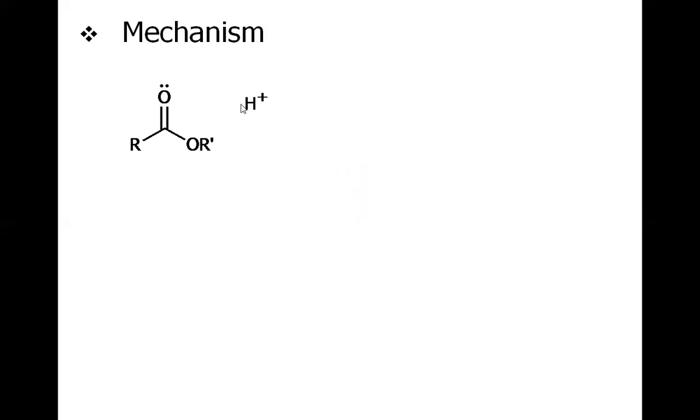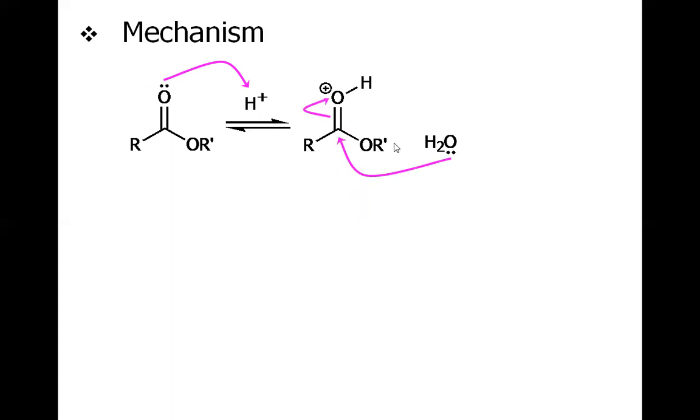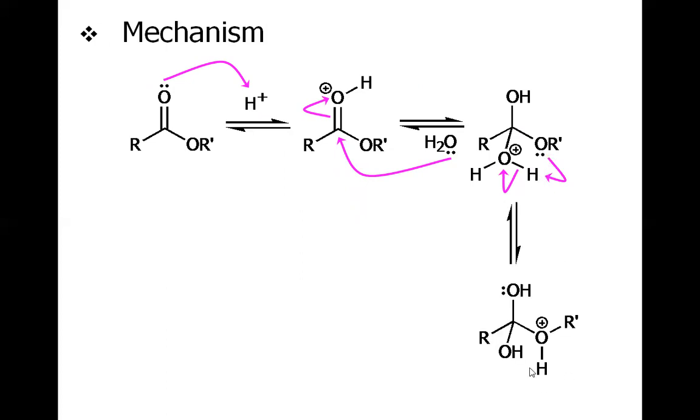The first step is the protonation of this carbonyl oxygen to have this protonated ester, and then the attack of the water molecule on this carbonyl carbon to have this tetrahedral intermediate, and with the proton shifting, this H will be added to this OR group, because we are going to make this OR a good leaving group.